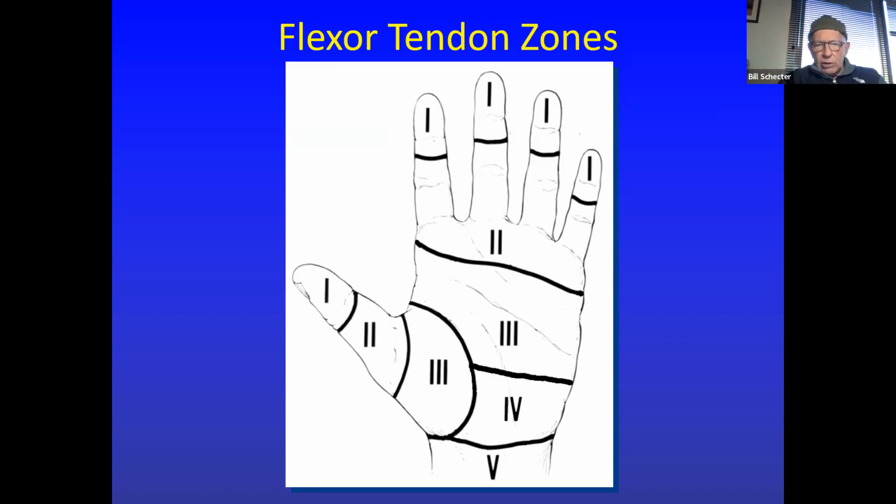You'll see this in a minute when we get to zone 2 injury, and you'll see how it works. And that flexes the distal phalanx of each finger. So each finger has 2 flexor tendons: the sublimis, which flexes the PIP joint, and a profundus, which flexes the DIP joint. Any other questions? All right, hearing none, let's keep going.